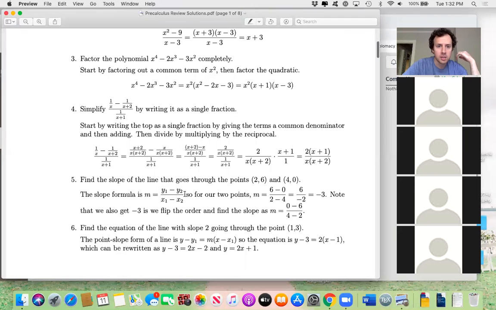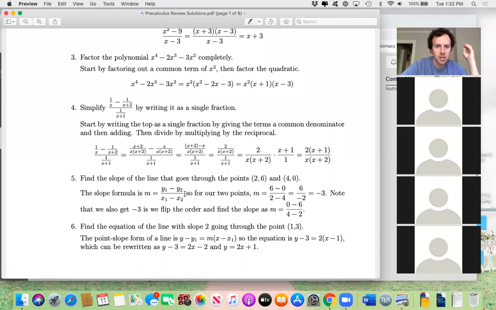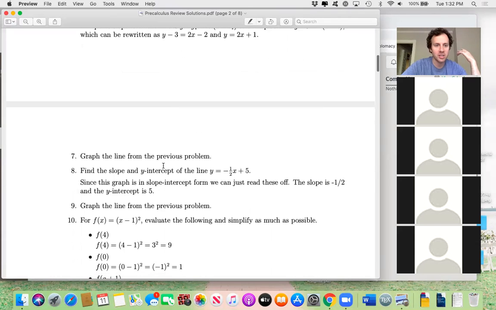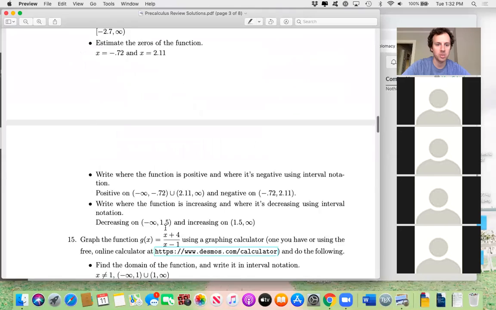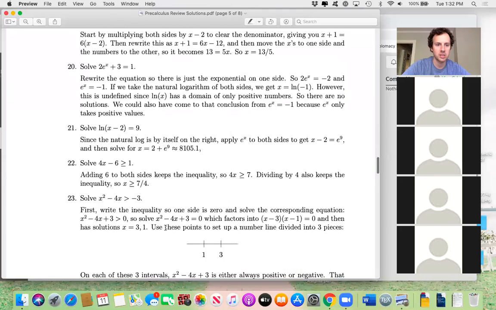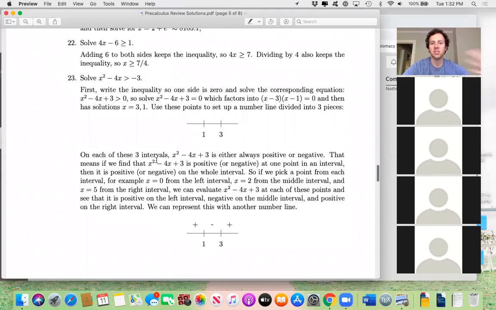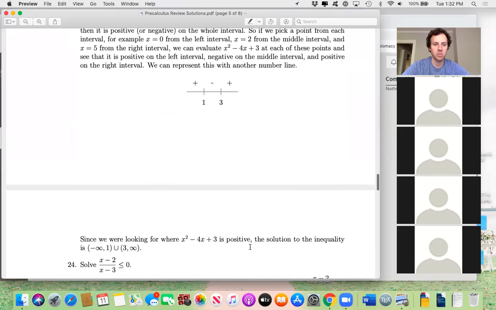Some of this I didn't do all of it. The graphing problems we can graph on a graphing calculator, so I left those blank, but everything else I showed the work here. And some of the bigger problems, like these inequalities, the solution is somewhat substantial.